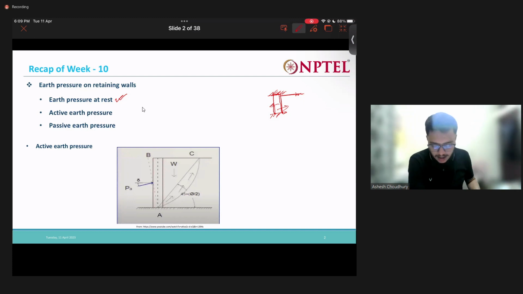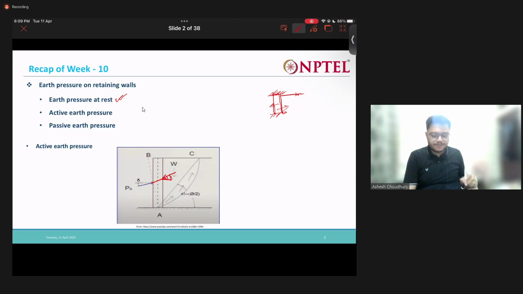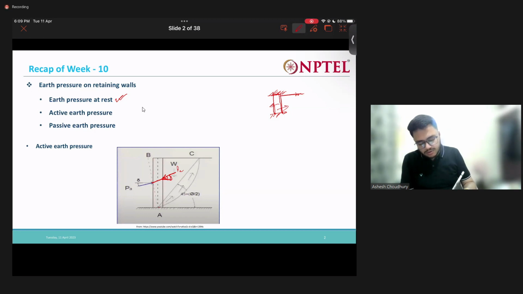Let me draw this side, so it will be like this. When the wall moves away from the backfill, we will see that a failure wedge is formed here.